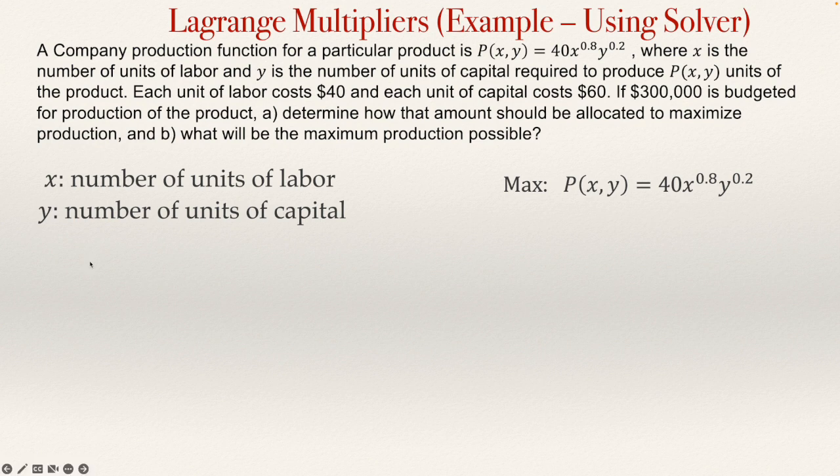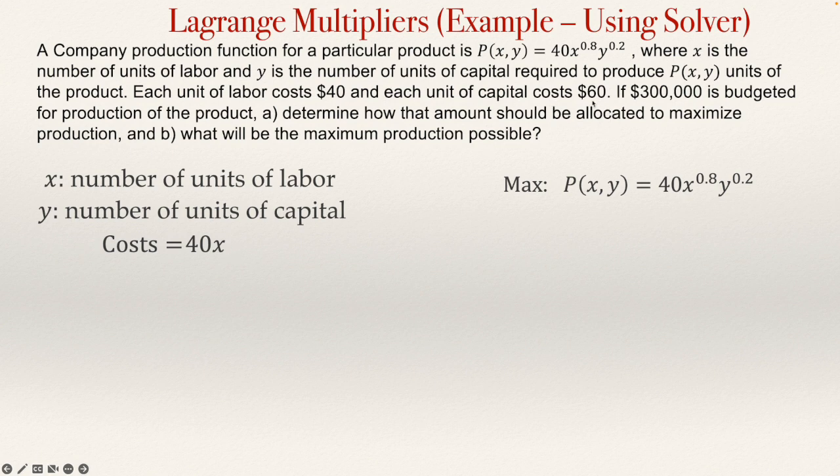So we see then that the cost will be our constraint. I have a function for the cost. The cost is equal to $40 per unit of labor, and we are using x units of labor. So the cost for labor will be 40 times x, plus the cost of the capital.